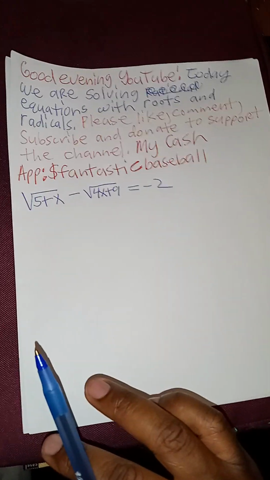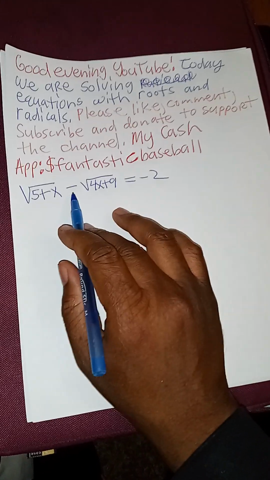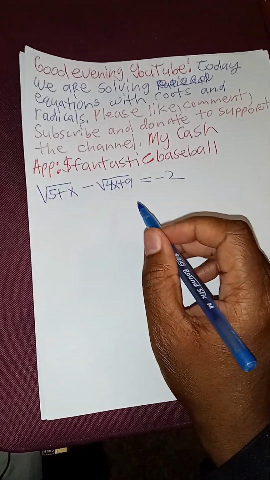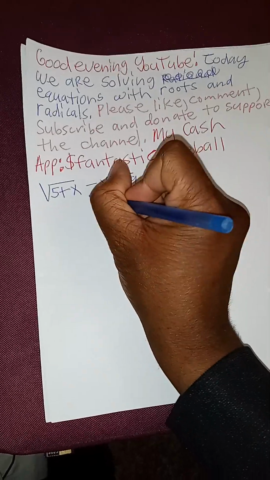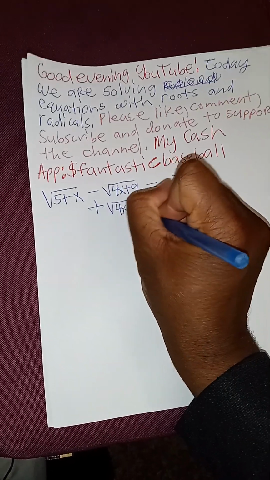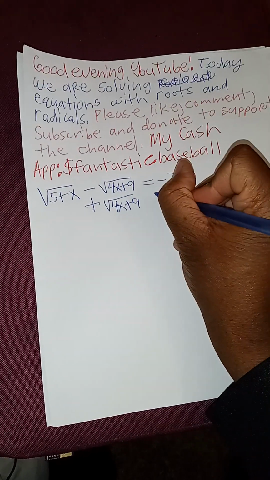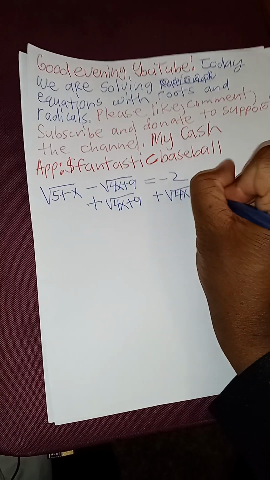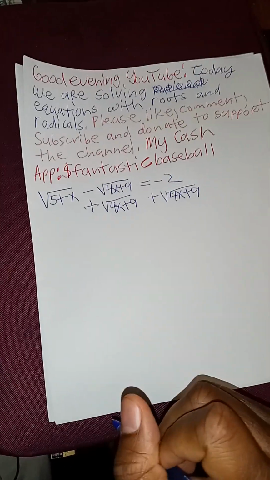First, we want to move one of the square roots to the right-hand side. And notice there is a minus sign here, so I want to add the square root of 4x plus 9 to the right-hand side. So we must add that to both sides of the equation. Whatever you do to one side of the equation, you have to do to the other.